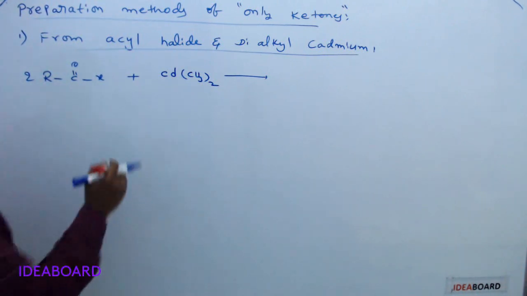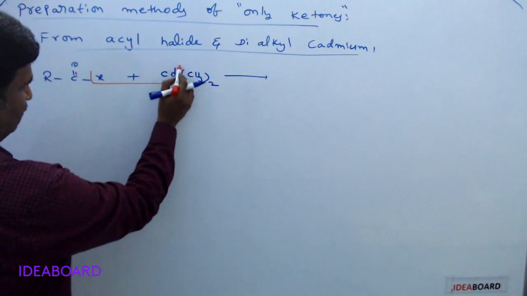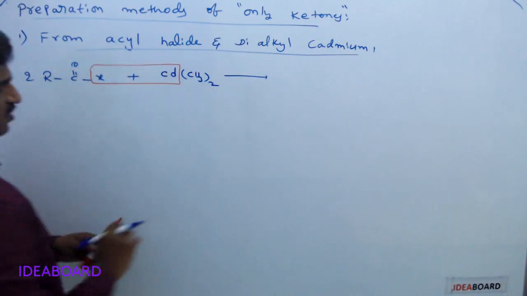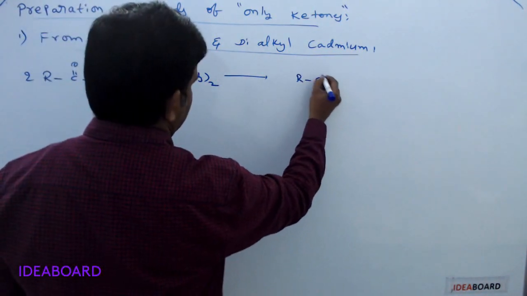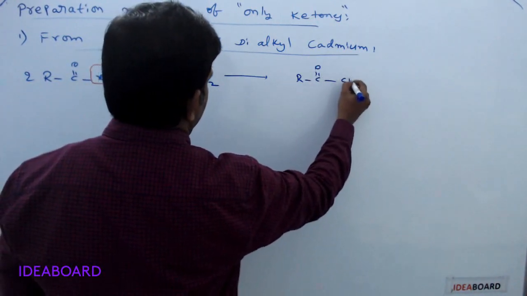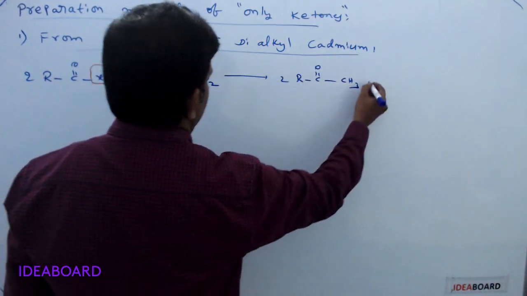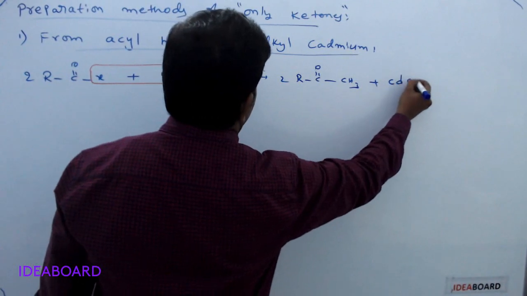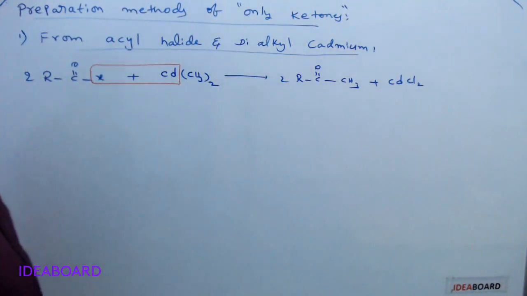The two molecules react and form two molecules of RCOCH3 plus CdCl2. So that is a ketone formation.